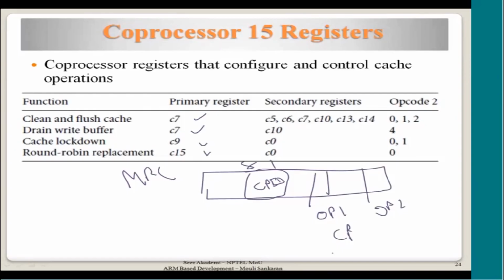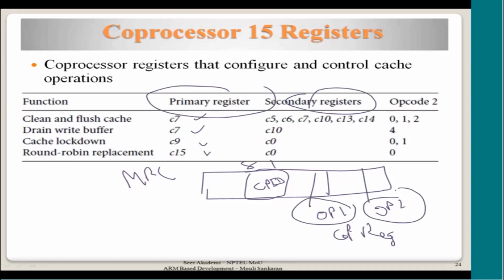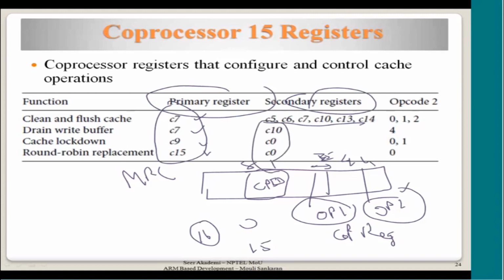What I am calling primary registers and secondary registers are these OP1, operand 1 and operand 2. You have a 4-bit field, so 0 to 15, so 16 coprocessor registers can be accessed. You can access them using these operands and mention the CPID as 15. With CPID coprocessor 15, as I told you, we can do different jobs.